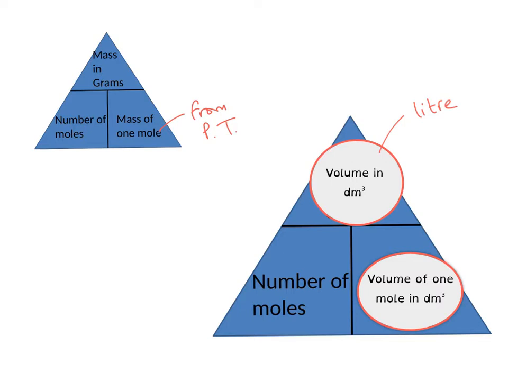If I wanted to therefore work out how many moles, I'd need to know what 1 mole took up in terms of volume, in the same way that if I had mass in grams, I'd need to know what 1 mole weighs in order to work out how many moles I've got. The great thing about gases is that the volume of 1 mole does not depend on what the gas is.